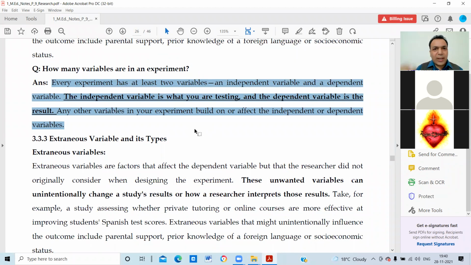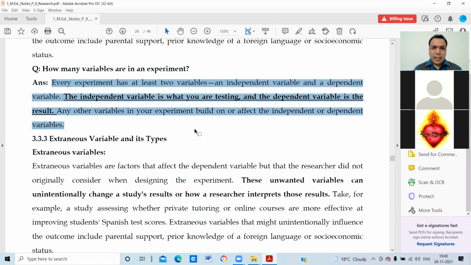Okay, for example, effect of alcohol or smoking on the health of the student, on the health of the person. Alcohol or smoking are the independent variable we are going to test, and the dependent variable is the result. What is the result of that, right? I can give you one more example, the latest example of coronavirus, right?